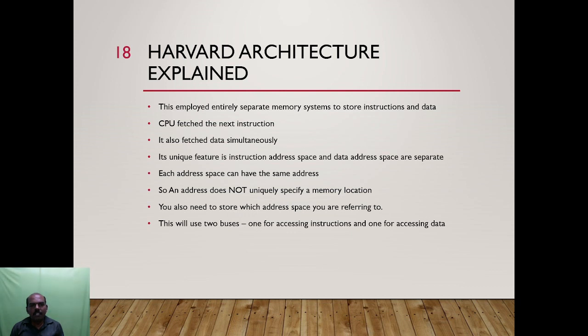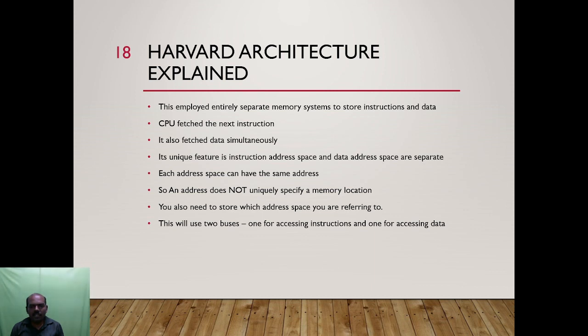This employed an entirely separate memory system to store instructions and data. The CPU fetched the next instruction. It also fetched data simultaneously. Its unique feature is that the instruction address space and data address space are separate.